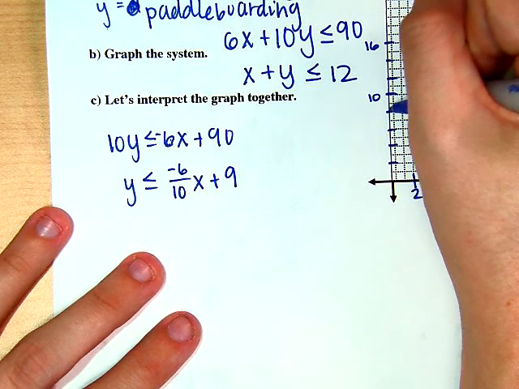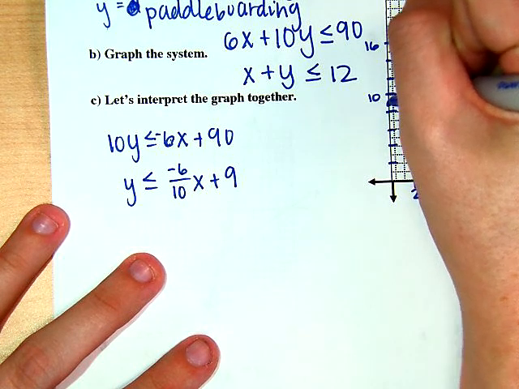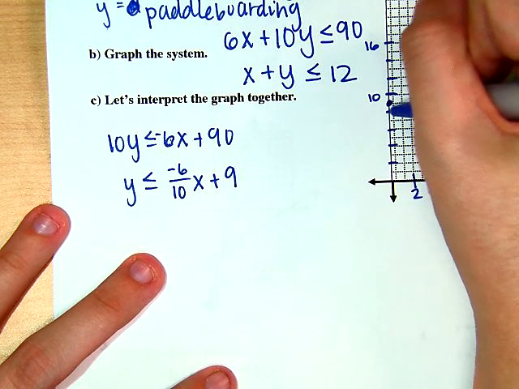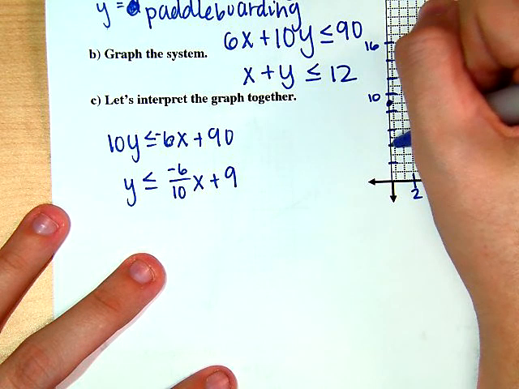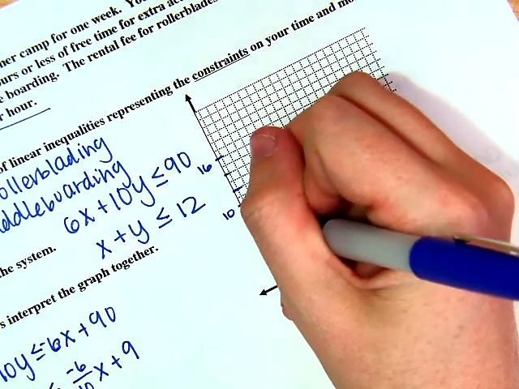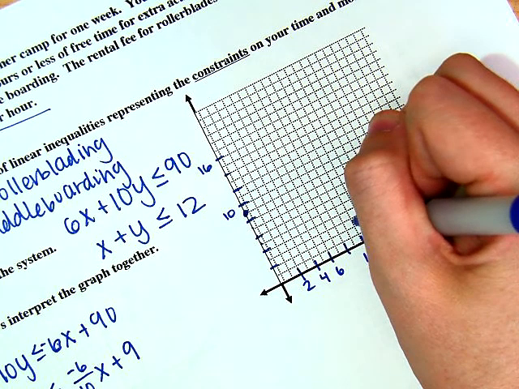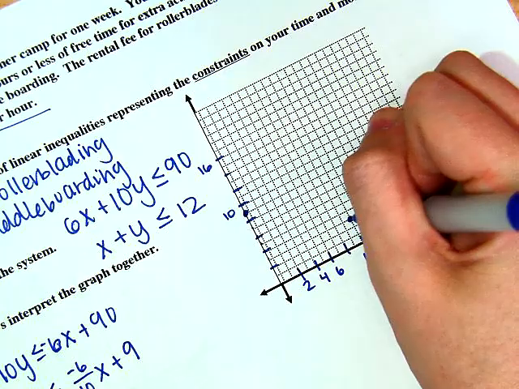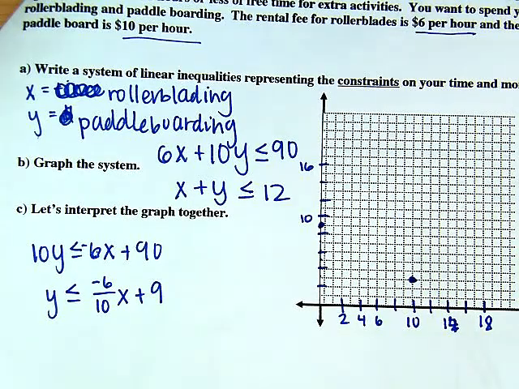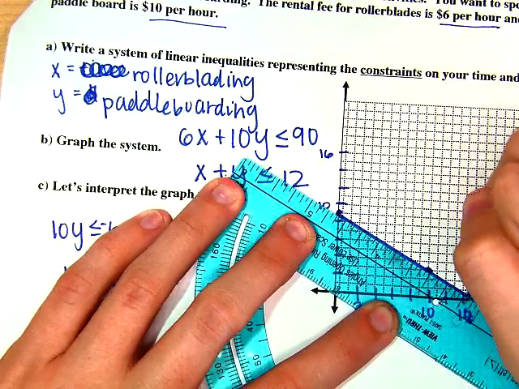I start at 9 here, and then I go down 6, 1, 2, 3, 4, 5, 6, and over 10. And I got a solid line because it's or equal to, and it includes the line.